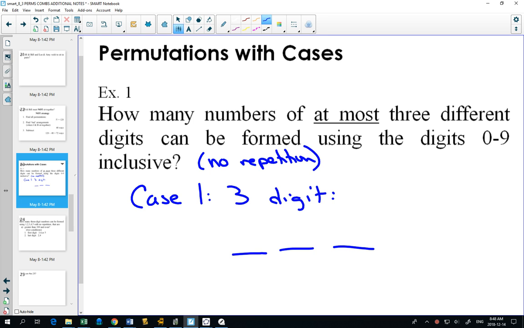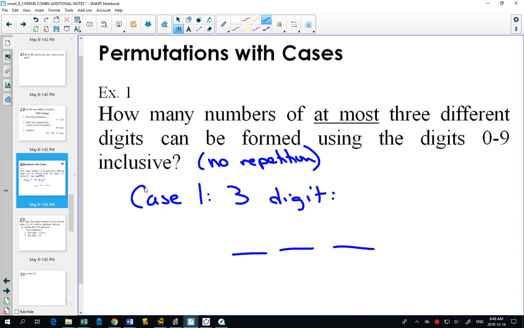And again, I'll be explicit on quizzes and tests whether or not you can repeat. Sometimes the situation says you can repeat or not, like license plates, postal codes, those are things that you could repeat a digit or a number on.